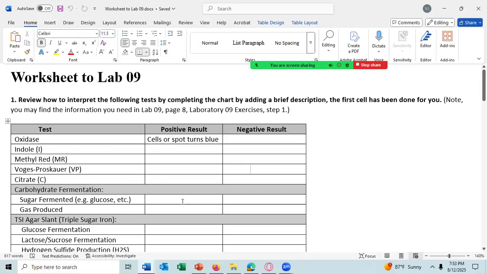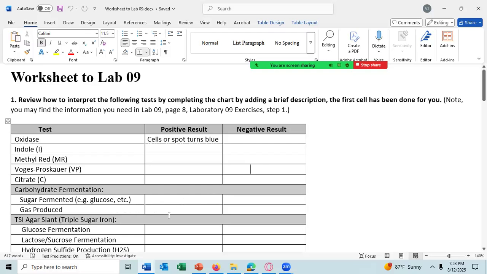For carbohydrate fermentation, we're looking at the sugar fermented, such as glucose. Tell me the positive result and the negative result. Now, for this one, you only need one answer.